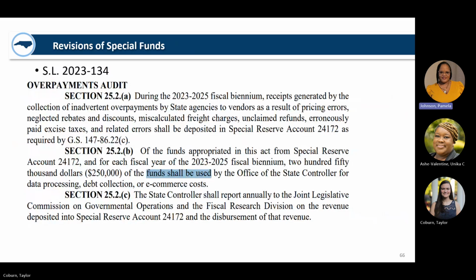This next example is from Session Law 2023-134. This provision specifically appropriates the funds to a specific special fund, a Type 2 budget code, and it also specifies the amount of the appropriation and what the funds shall be used for.